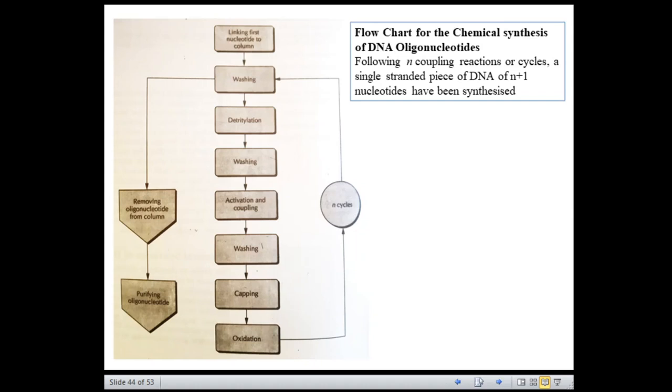Why is it done? To prevent undesirable side reactions during chain growth. The thymine base is not treated for the simple reason that it lacks an amino group.